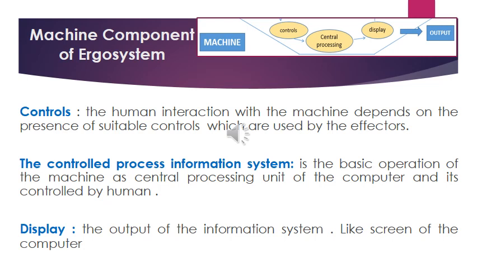Machine component of ergo system consists of control, central processing, and display. Control is the human interaction with the machine, which depends on the presence of suitable controls used by the effectors.